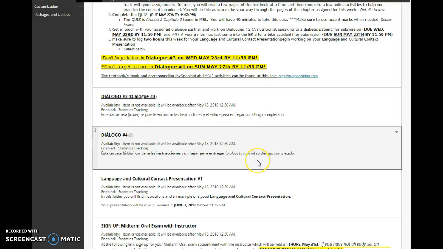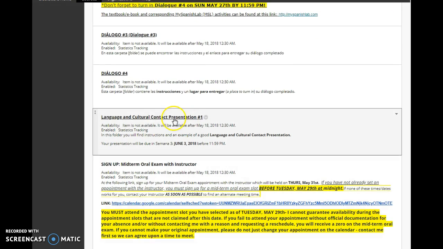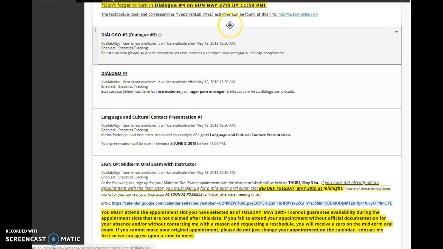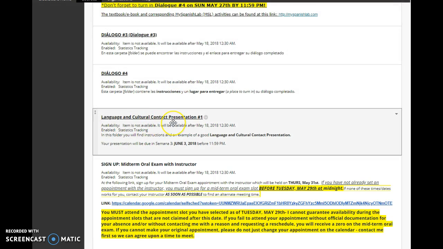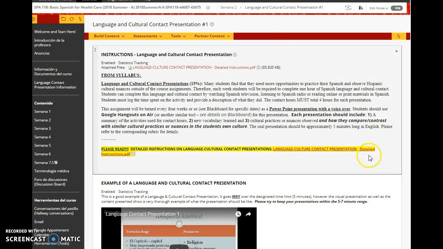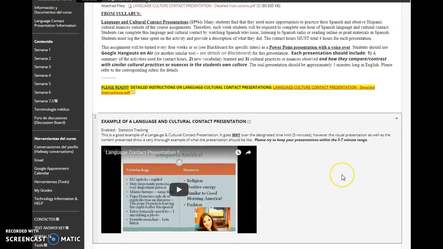So, if I go back to semana 2, okay, you have information about your language and cultural contact presentation number 1. If I click on that link, I'm brought up to this page, which gives you some instructions about completing the presentation, which will be a voiced over PowerPoint, but in English. Okay.